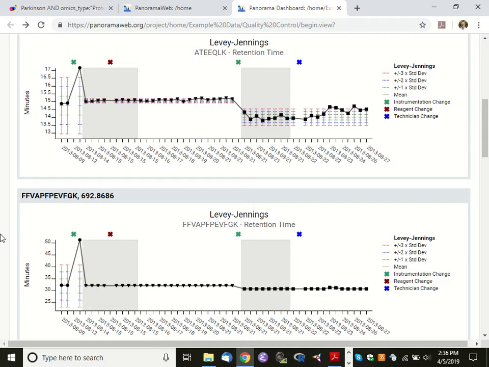What if the operators of this instrument decided that it was looking a little weird, or that this column had aged a little bit, and they decided to change the column being used on the instrument? Well, maybe that first shot is going to be a little weird in its response. So we can often find that instruments perform differently just after a service.